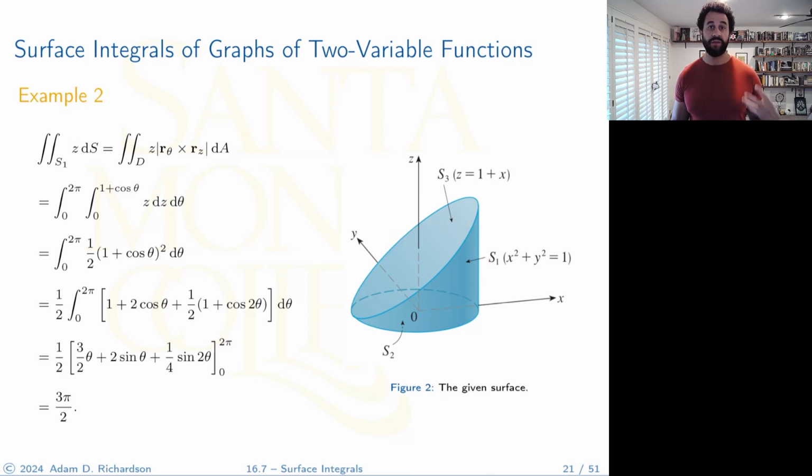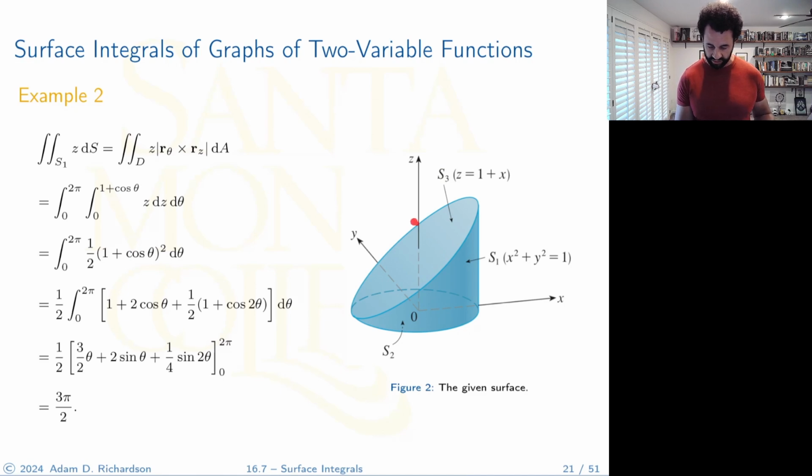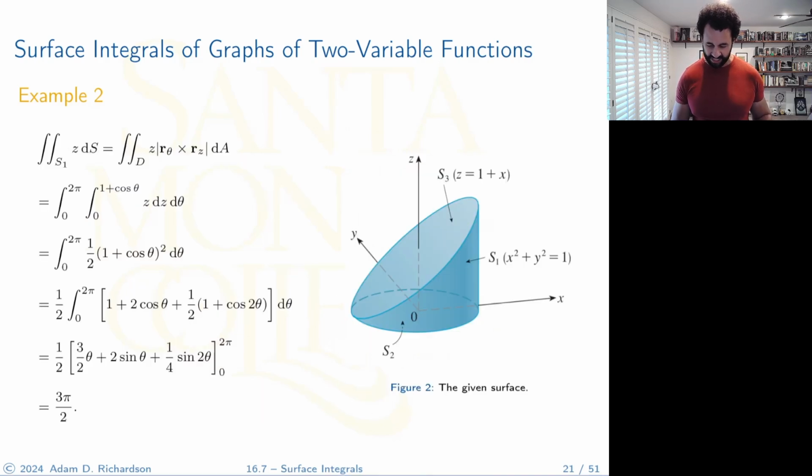All right, now we have to go to the other surfaces. So let's go to S3. Just a reminder, S3 is this plane right here. Oh, I'm sorry, I'm skipping ahead. S2 is down here.